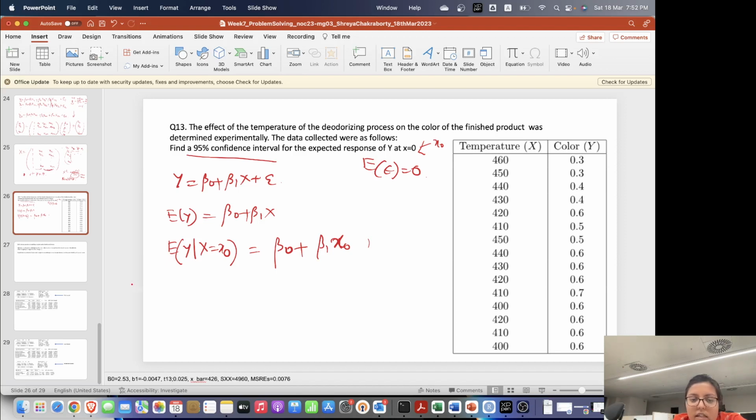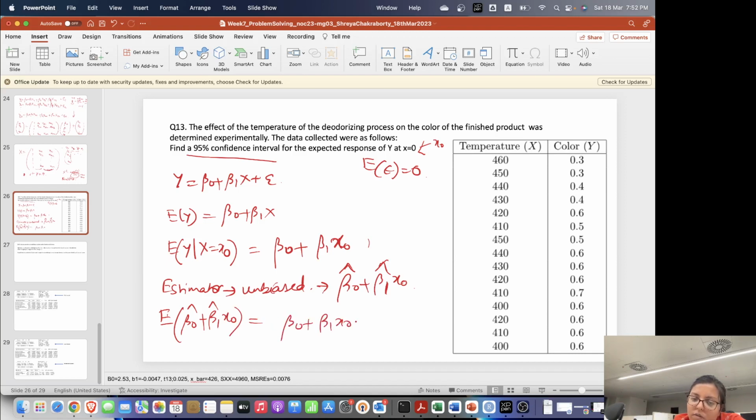Now if I suggest my estimator, which will be unbiased, it has been seen, it is beta naught hat plus beta 1 hat x naught. This is my estimator. So expectation of this thing equals beta naught plus beta 1 x naught, which is expectation of y given x equal to x naught.